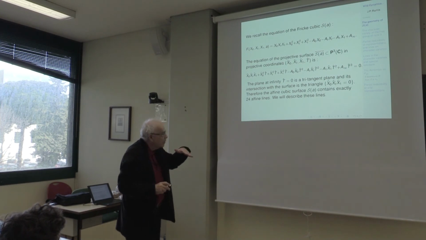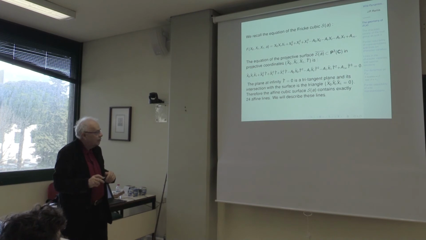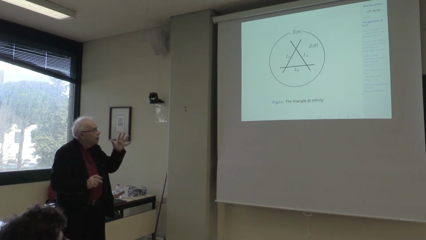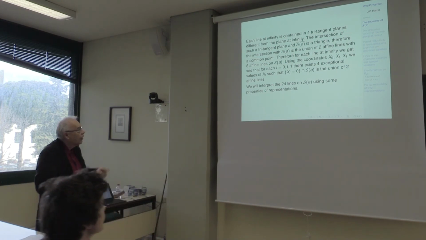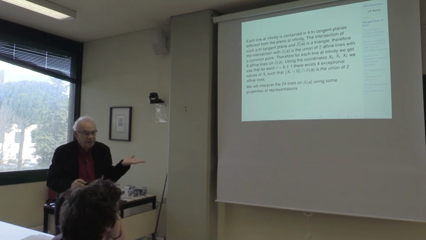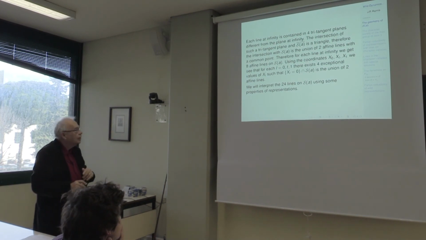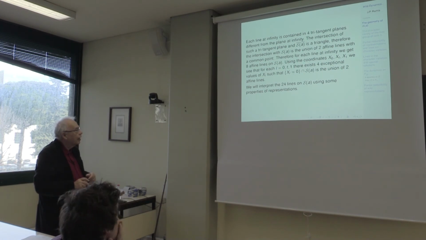Therefore, the cubic surface contains exactly 24 lines that I will describe using representation theory. Here is the triangle at infinity. Each line at infinity is contained in 4 tritangent planes, different from the plane at infinity, and each intersection is a triangle. And so you get a union of 2 affine lines with a common point.